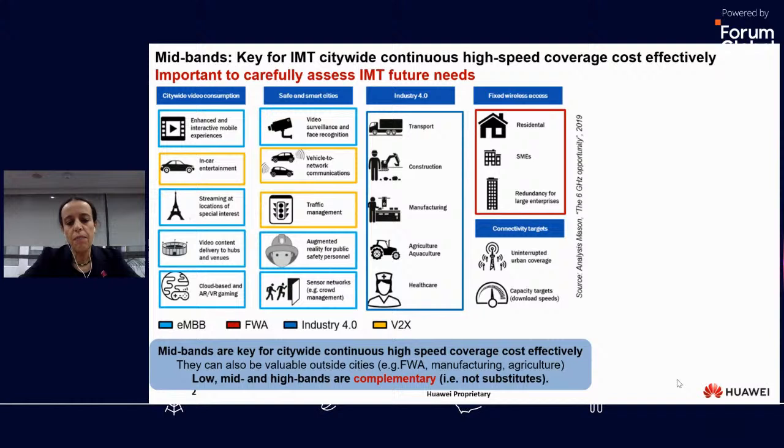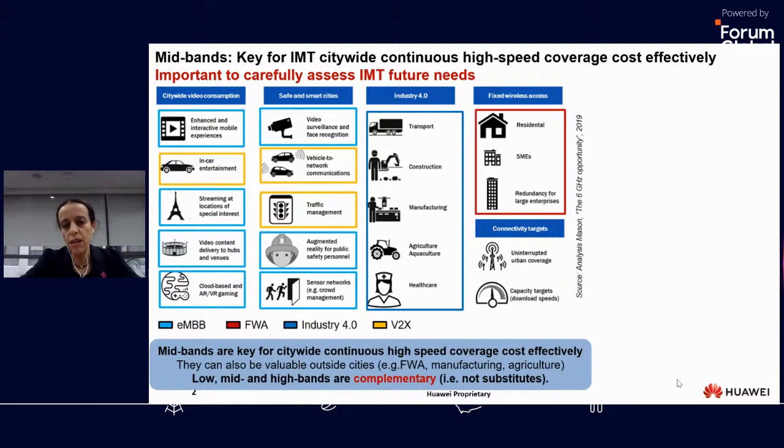So, yes. These use cases here, many of them require continuous, high-speed coverage, but it's also very important that it is delivered in a cost-effective manner. And midbands are really key to serve that goal.